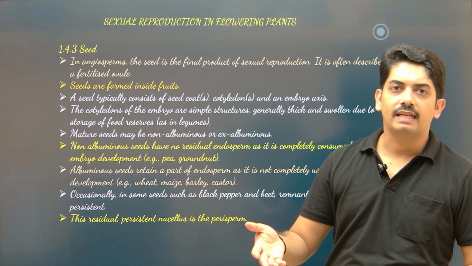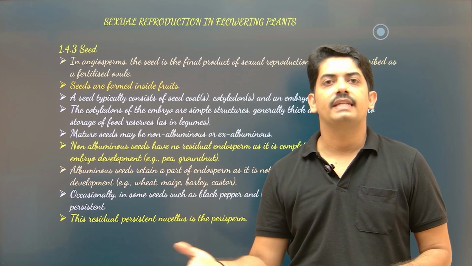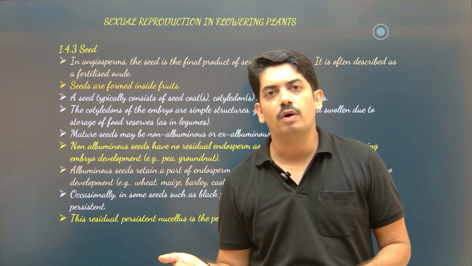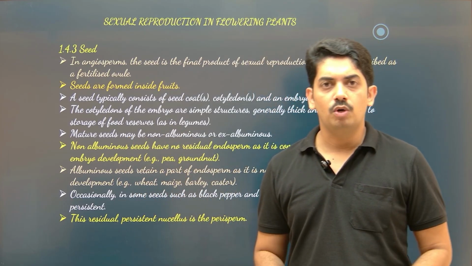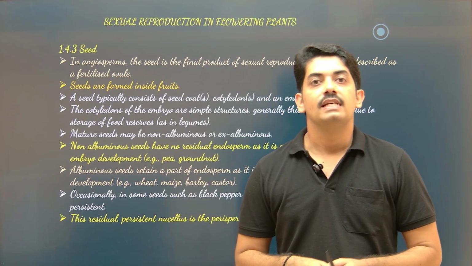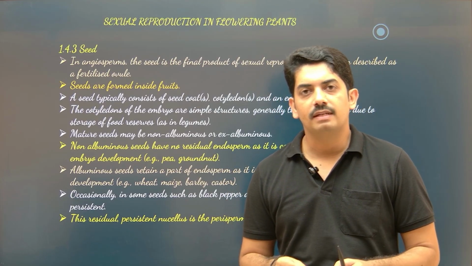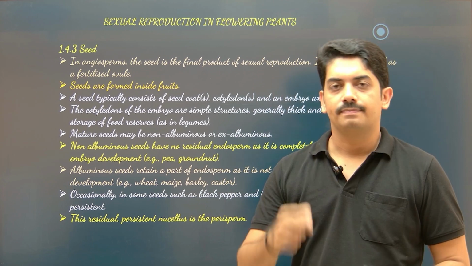Or there are certain mechanisms where the offsets, the suckers or different types of structures produced in the vegetative body of the plant itself give rise to the next generation. But in the sexual mode of reproduction, the means for production of offspring is the seed. So please do remember that seed is nothing but a fertilized ovule.